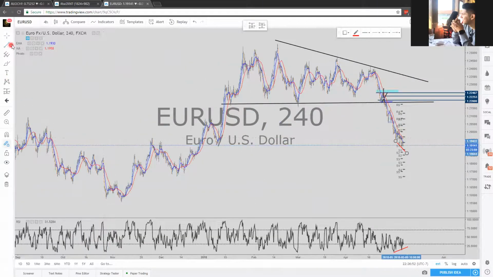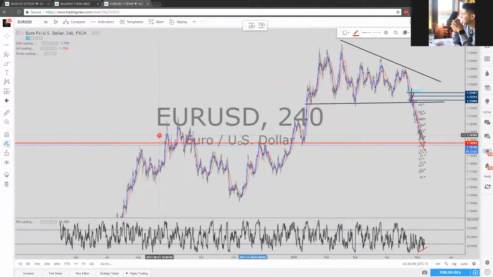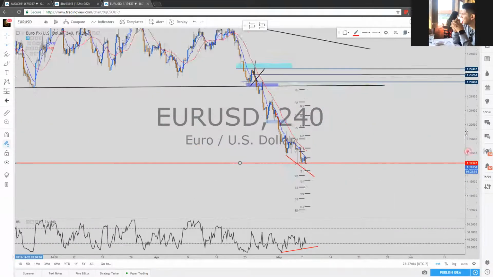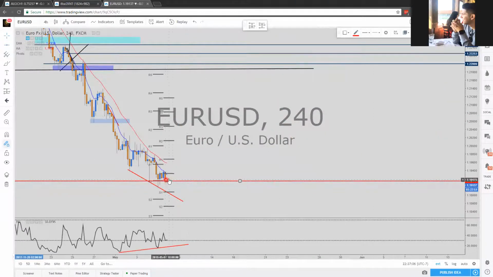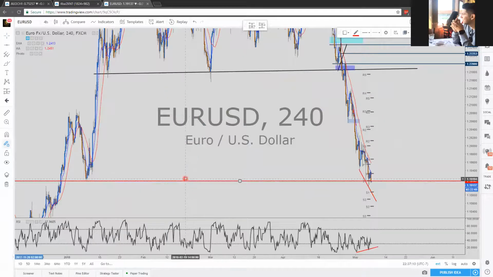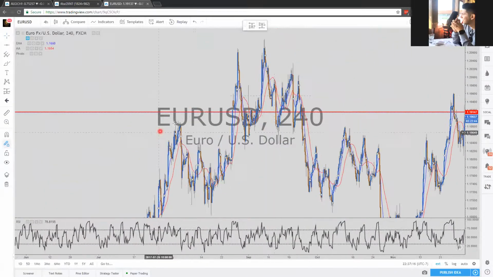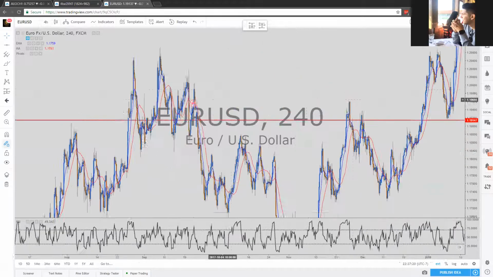We can also see, I drew my resistance line. So right now, the price is currently around where the support line is at. We can see support line here, resistance here, and then resistance on this side, also some support over here.